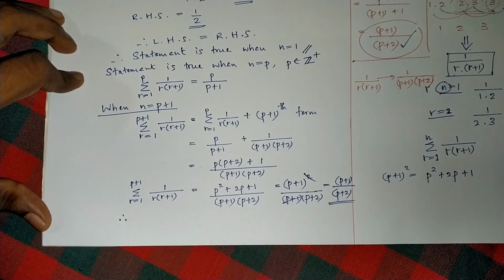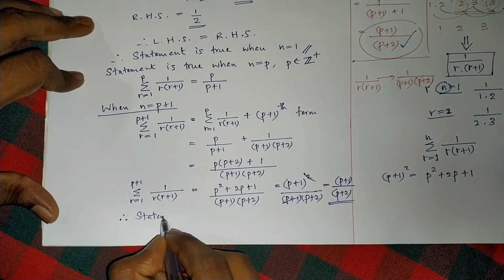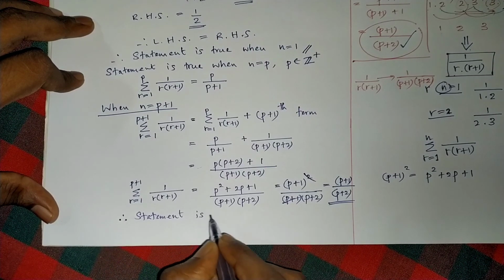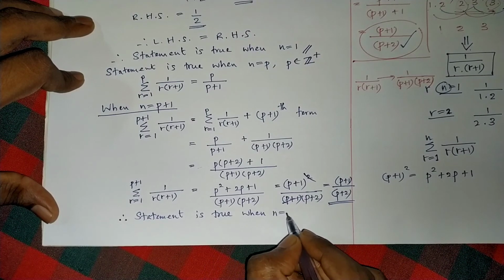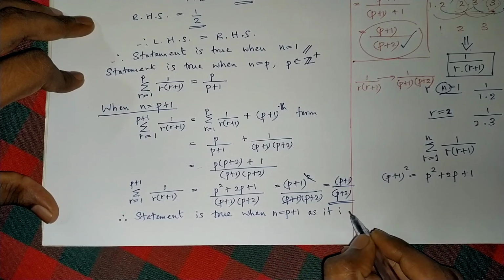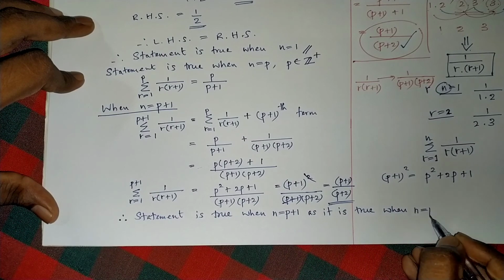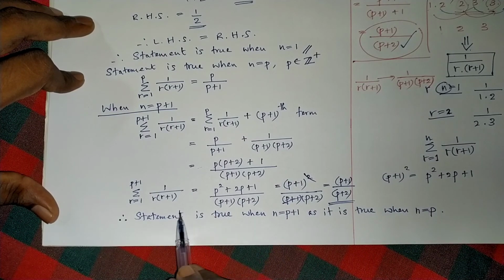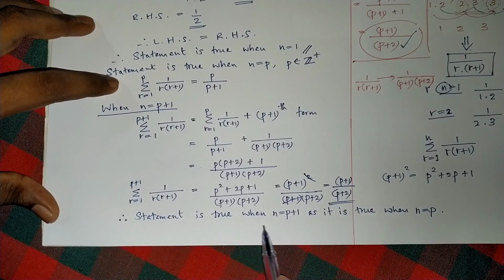Therefore, our statement is true when n equals p plus 1, as it is true when n equals p. So we could get this result using the assumption. Therefore, the statement is true for n equals p plus 1 as it was true for n equals p.